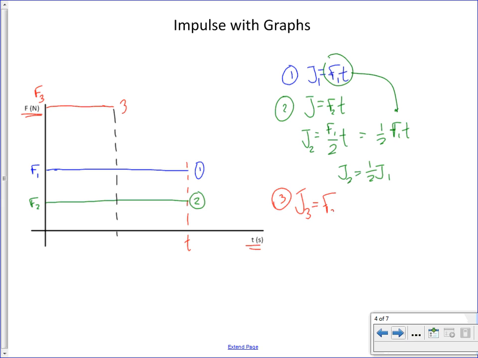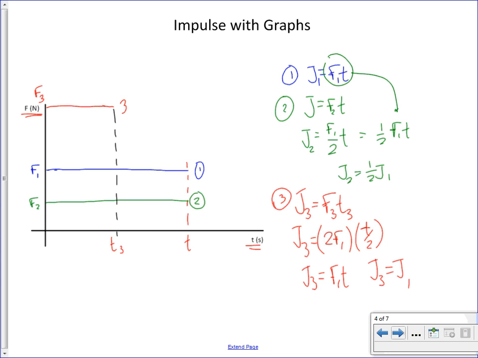J3 is F3 times, let's call it T3, right? And notice that F3 is 2F1, and T3 is half of the original amount of time, T. And that gets us F1T, or that J3 equals J1.